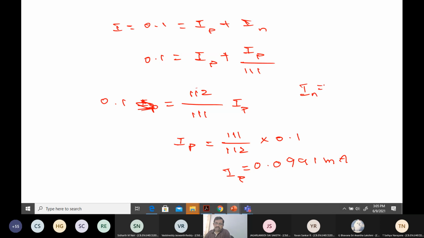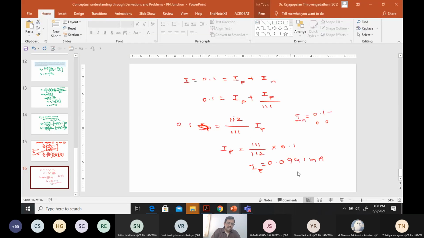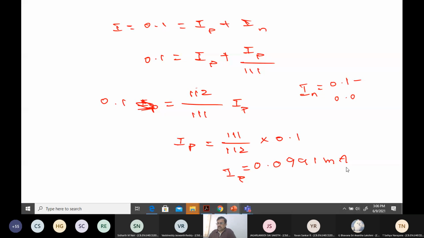What about IN? IN will therefore be equivalent to 0.1 minus 0.0991, and you will get 0.0009.